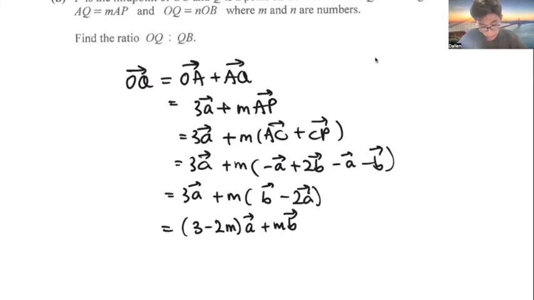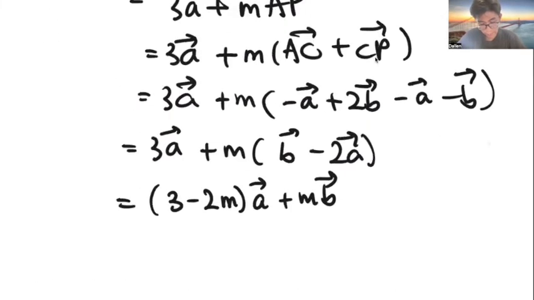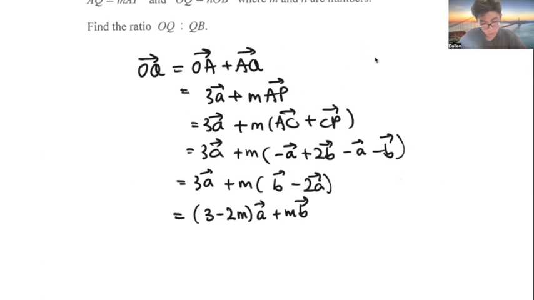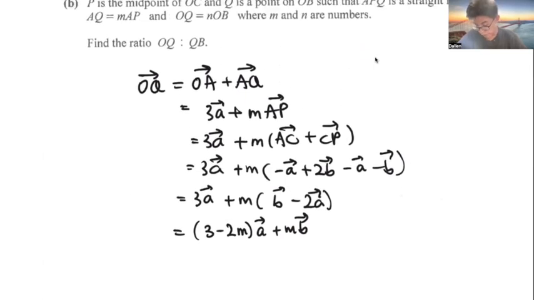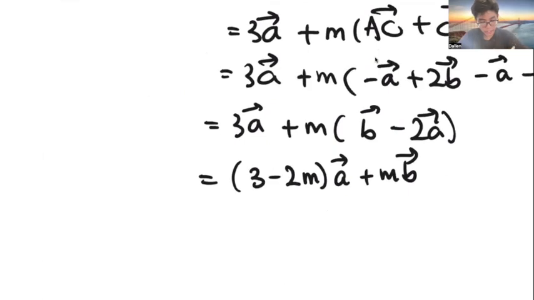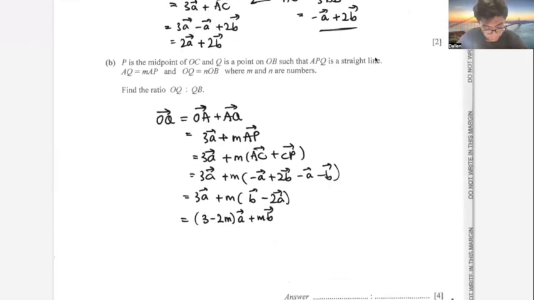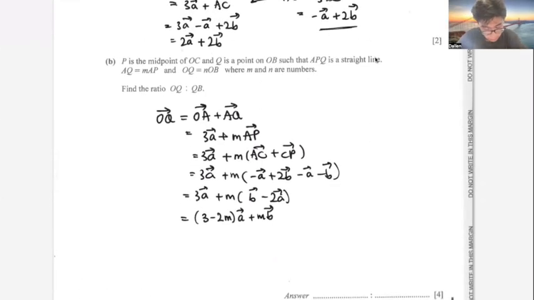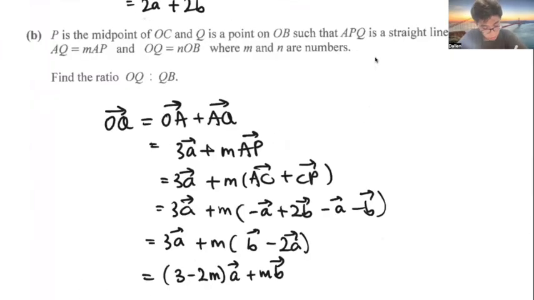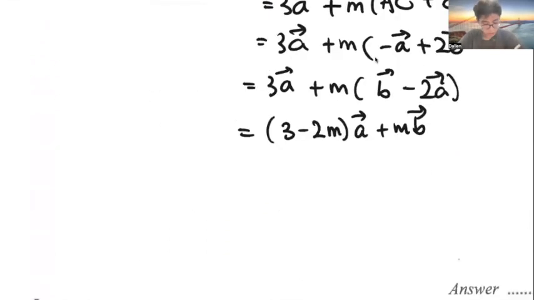Remember our goal is to find M. So we'll need to do what we call comparing coefficients. We'll find another expression for OQ, and let's say OQ is like blah blah blah A plus blah blah blah B. We can say that this equals this, and we can find M. That's our strategy. Now remember we have another ratio, OQ is equal to N of OB.